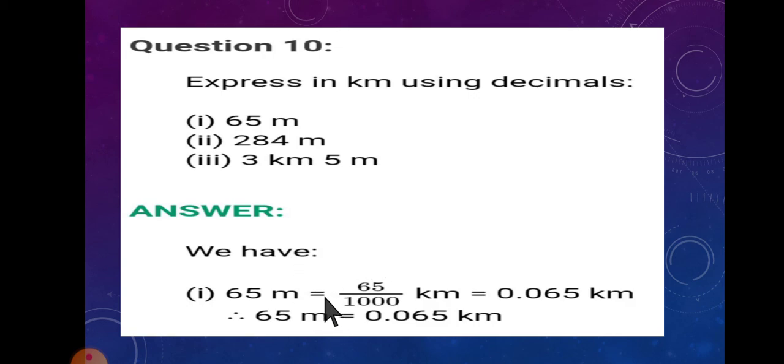So when you remove meter, we multiply by 1 upon 1000, and there are three 0s in the denominator. That's why we put the decimal before 3 digits. There are only 2 digits, so we insert one more 0, and before 3 digits we put the decimal. So 65 meter is equal to 0.065 kilometer.